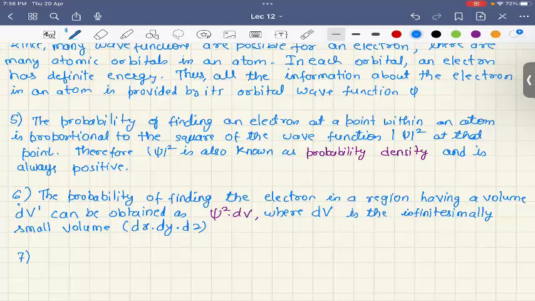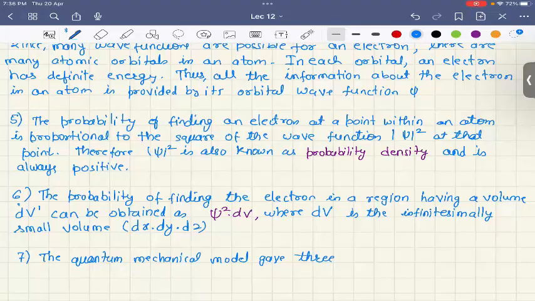And these we are going to study in the next classes, right? The quantum mechanical model gave three constants known as quantum numbers, right?